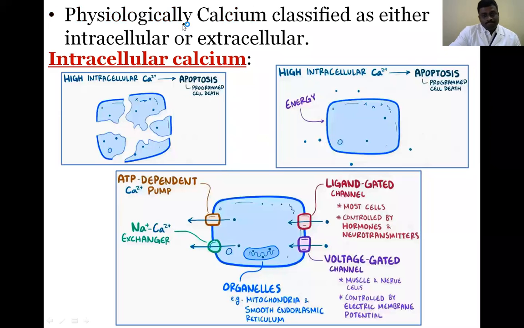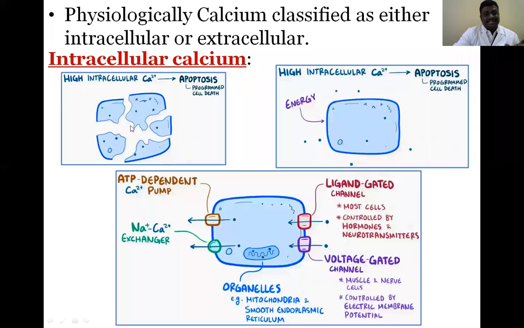Next, physiologically calcium is classified as intracellular calcium or extracellular calcium. So calcium is mainly present intracellularly or extracellularly. In this image you can see the cell is broken. Why? Because when intracellular calcium is elevated and increases inside the cell, the cell breaks down.